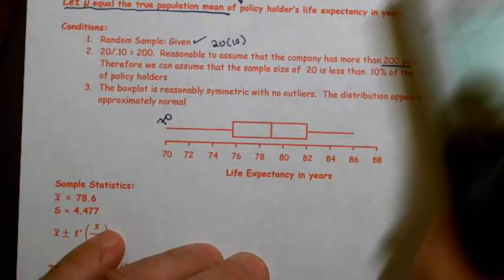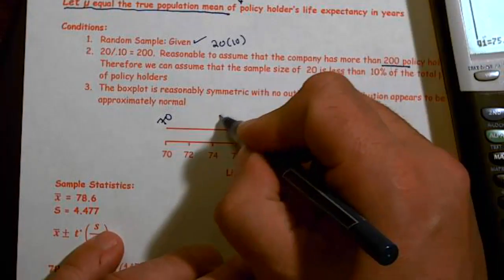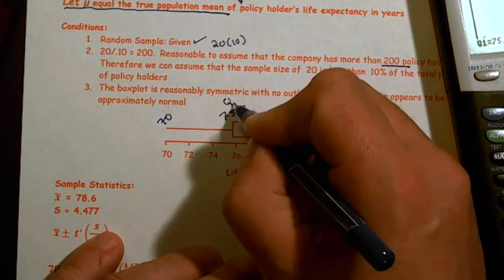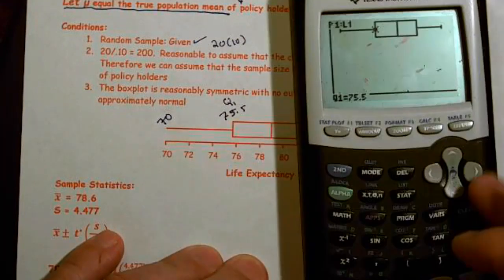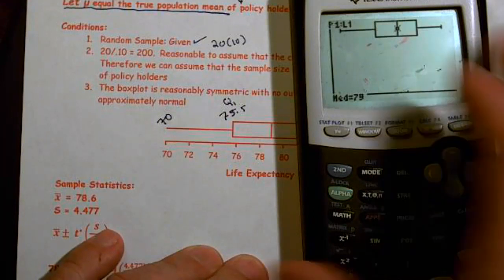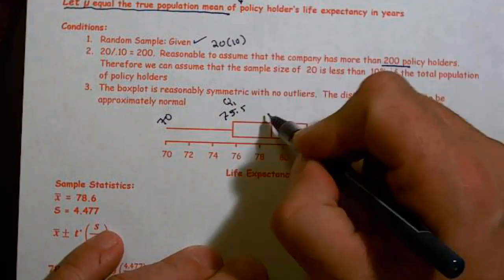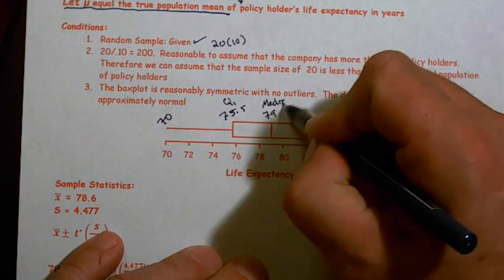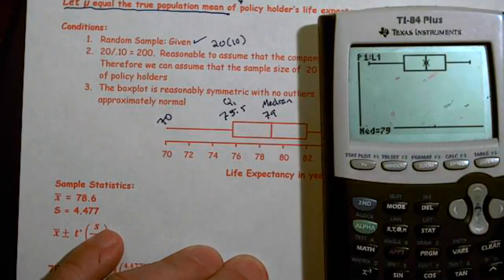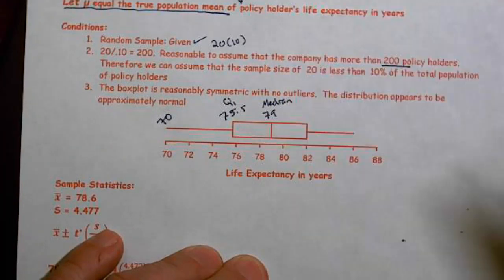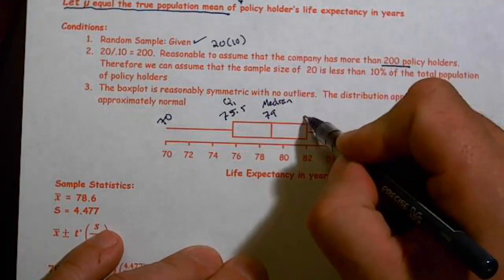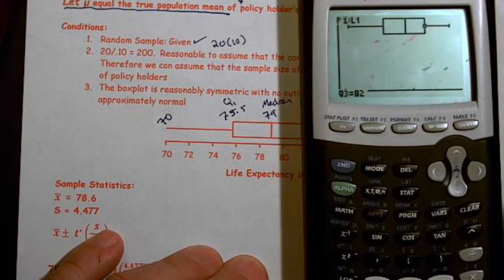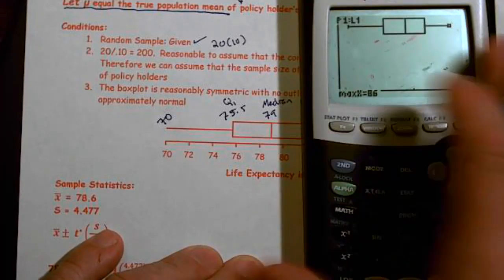My Q1 was at 75.5, and that's Q1. 79 happened to be my median. 82 is Q3. Then I have a maximum value of 86.